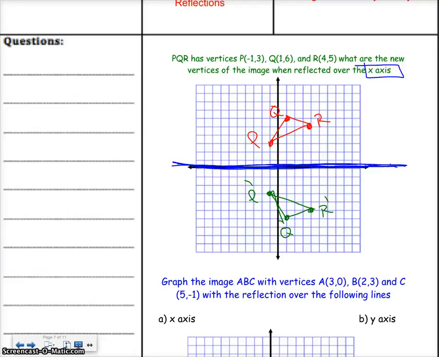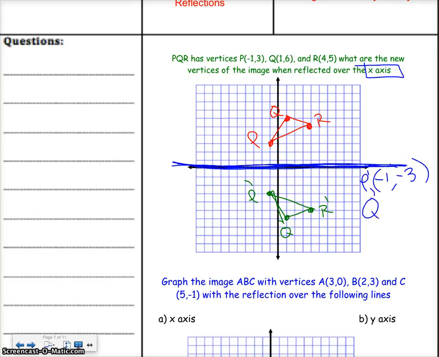However, that's not our only learning standard. And I'm not going to tell you a pattern, but I am going to tell you that there is one. And today you're going to have to figure out what the pattern is, and then you're going to have to apply it on the back side of your homework. It says, what are the new vertices? So I want to know what are the vertices of my new prime image. P prime is x is -1, y is -3.